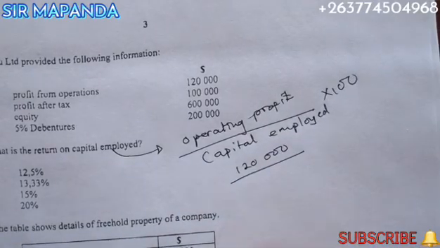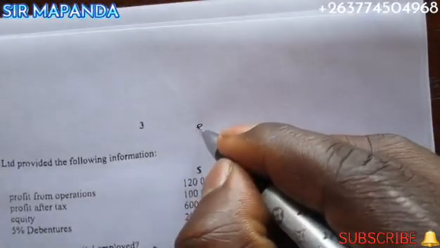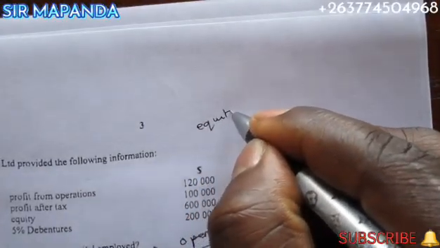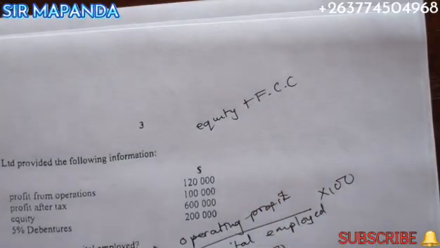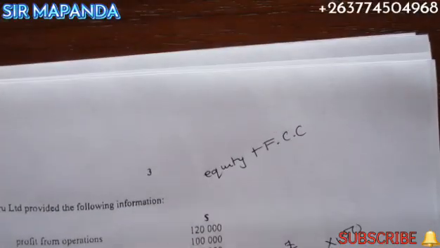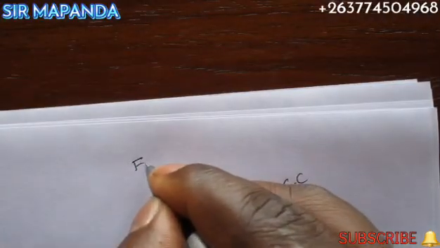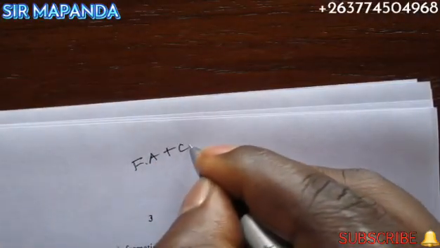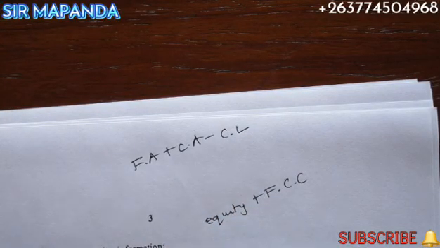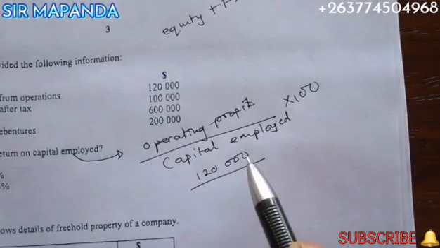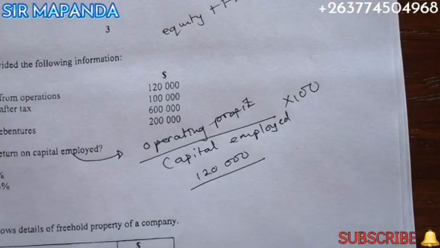Then capital employed is found by the formula equity plus FCC, where FCC denotes the fixed capital cost. Or it can be found by the formula fixed assets plus current assets minus current liabilities. So you have to know both. Fixed assets plus current assets minus current liabilities is equivalent to equity plus FCC.